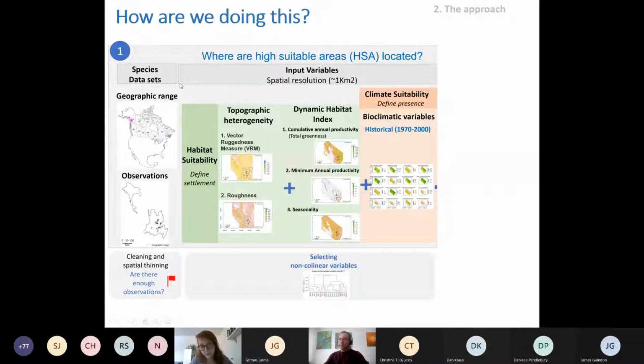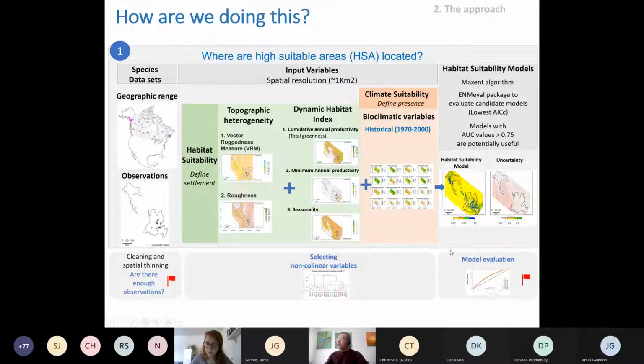So we use these geographic ranges from the species, the EBARs, and the observations from the dataset that Chloé mentioned before. And we use a set of variables as predictors, including topographic heterogeneity, and some metrics of productivity, and some metrics of climate.